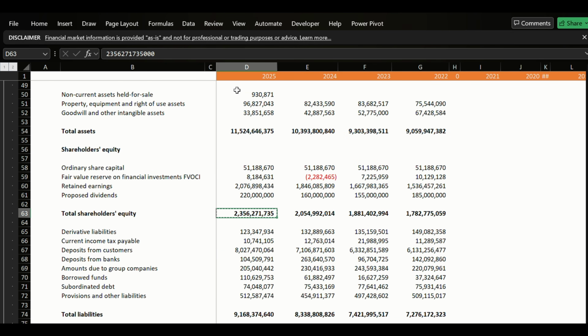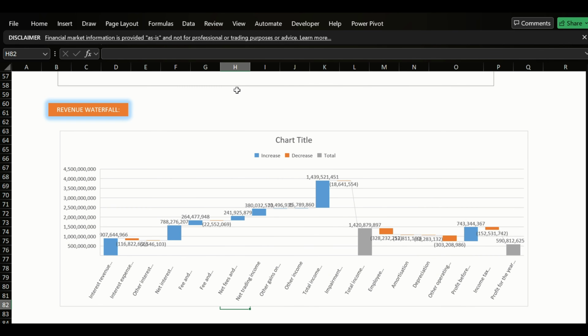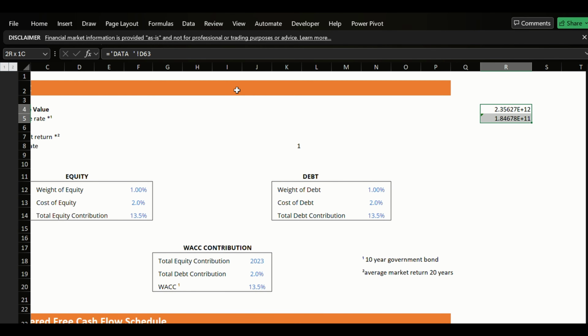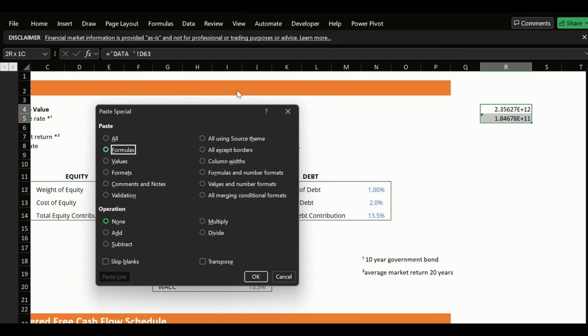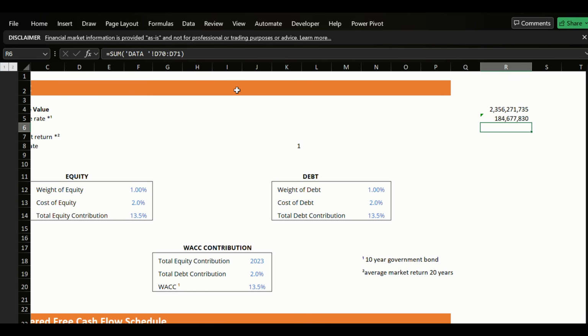Control C. I'm sorry. We pick this. Control C. Since this is a delete, Alt V. We have no other choice. We go like that. The total is Alt equals.